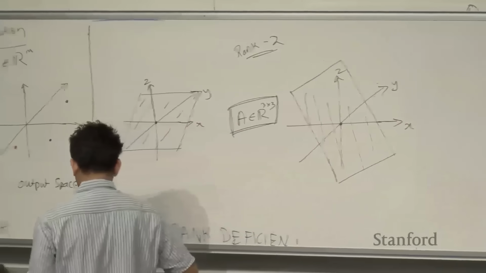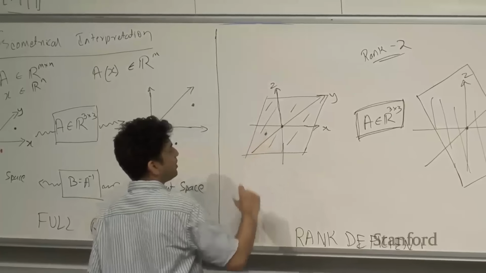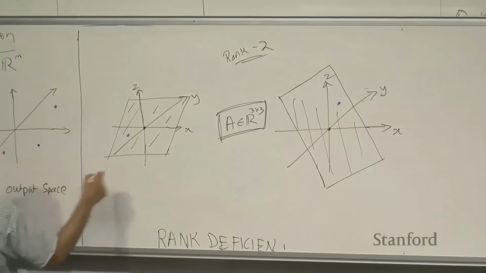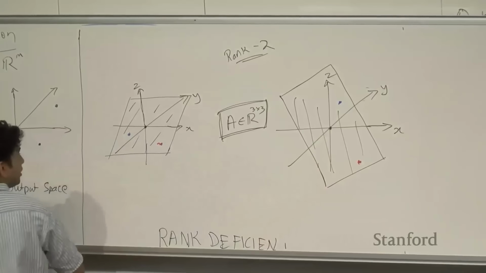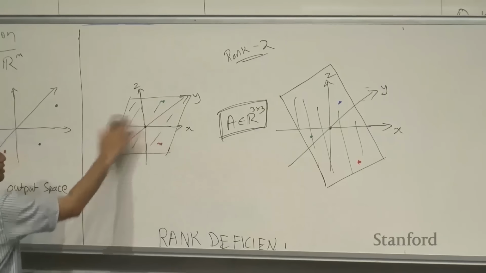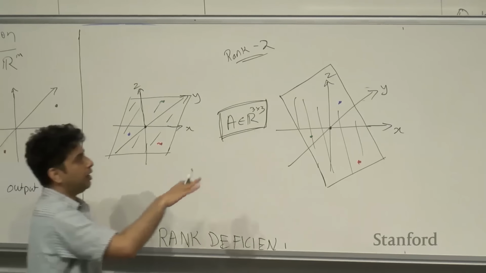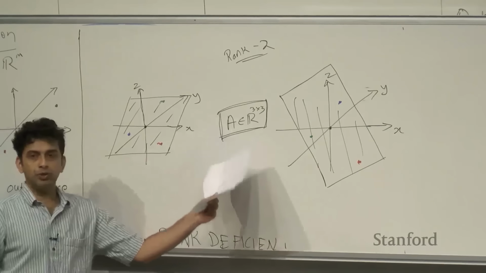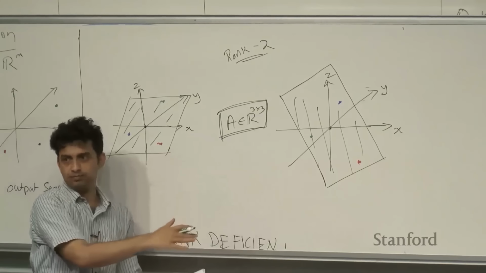So a point on this subspace may get mapped here, another point over here may get mapped here. Similarly, a third point here may get mapped here. Right? Now, this subspace extends to infinity in all directions, right? In both the input and output space, and A gives you a unique 1-to-1 mapping between elements in these subspaces.